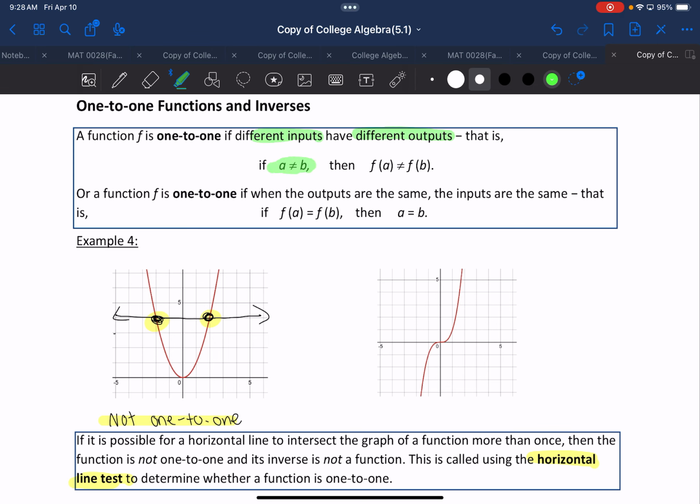Everything is unique. And saying that the same way but different, if f of a is equal to f of b, well then a has to equal b. It has to be the same. So it just means they have to be unique. Every point is unique.